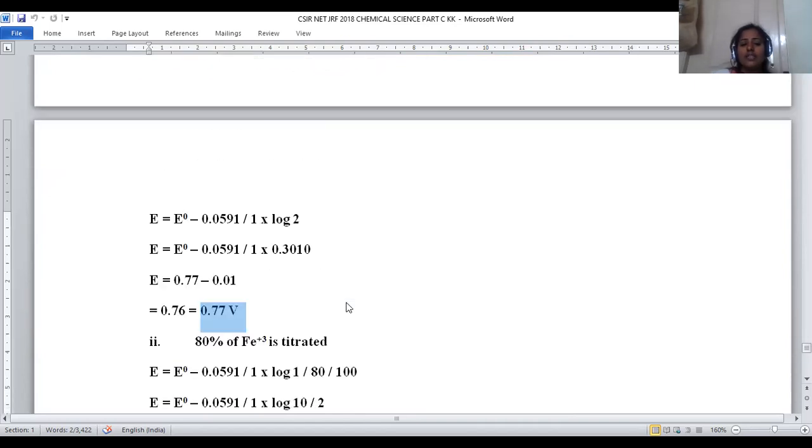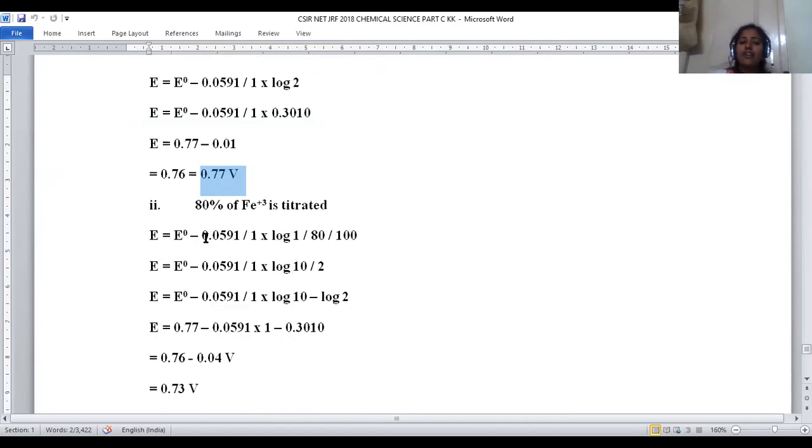Let us go with 80%. If 80% of Fe3+ got titrated, then what will be the equation for this one? E is equal to E naught minus 0.0591 by 1 into log 1 by 80 by 100. So it will become 100 by 80, which is nothing but 10 by 2.